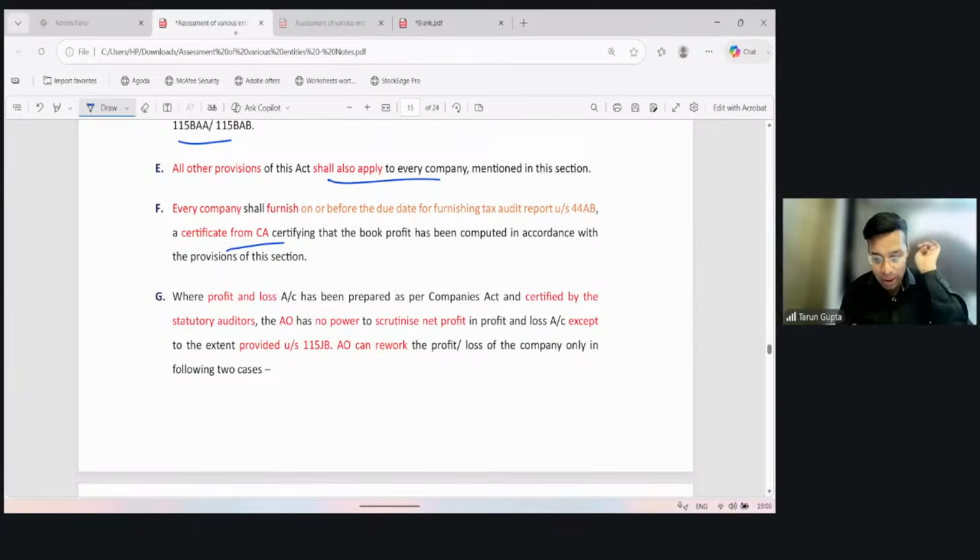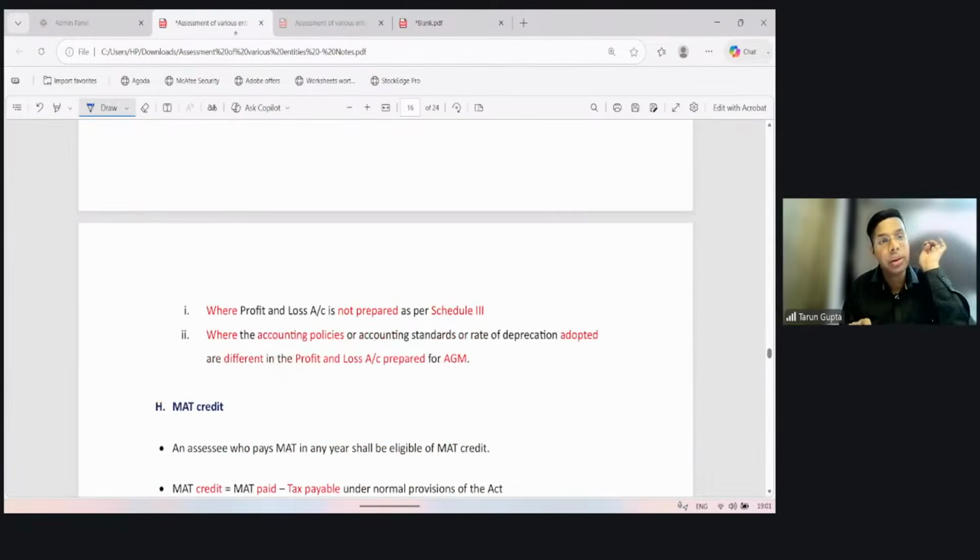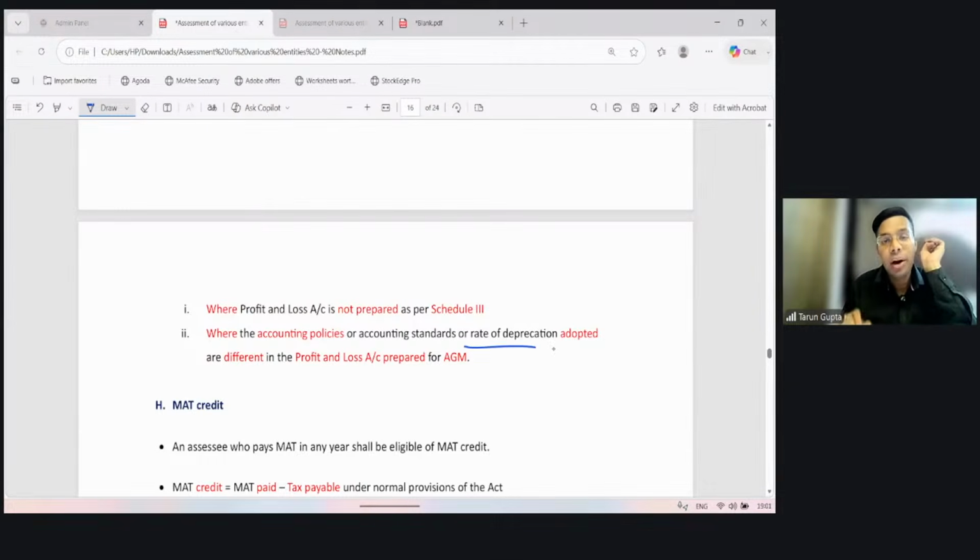He can only make the adjustment in the following two cases: where the profit and loss account is not prepared as per Schedule 2, or the accounting policies, accounting standards, or method and rate of depreciation adopted are different from the P&L prepared for each year. Okay, this we discussed in the beginning.